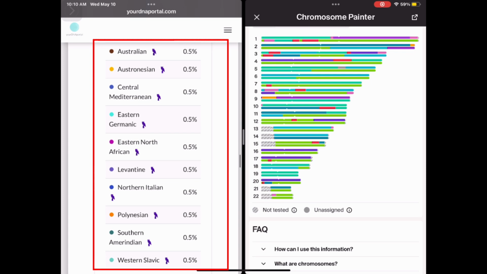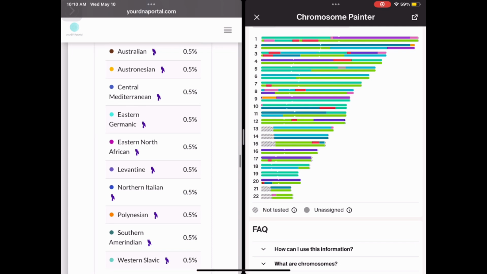And then in-depth origins at 0.5% show the following: Australian, Austronesian, Central Mediterranean, Eastern Germanic, Eastern North African, Levantine, Northern Italian, Polynesian, Southern Amerindian, and Western Slavic.